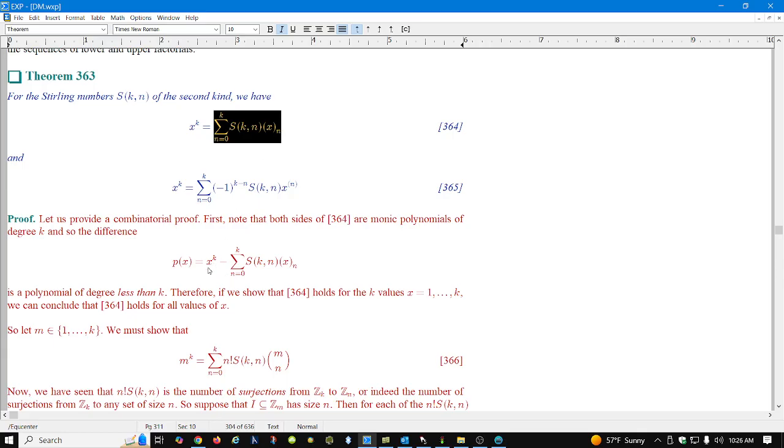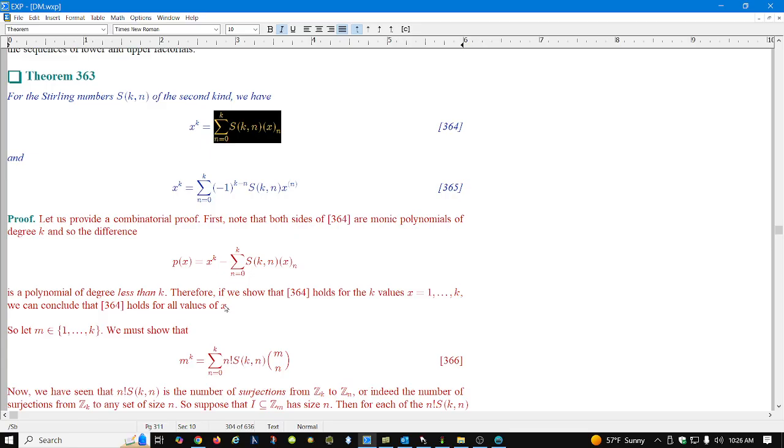So the difference between these two polynomials is a polynomial of degree less than k, because both of these polynomials are monic. This one's obviously monic, but this one is as well. So when we subtract, the leading terms cancel, and we get a polynomial of degree less than k.